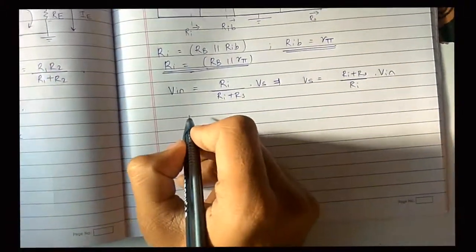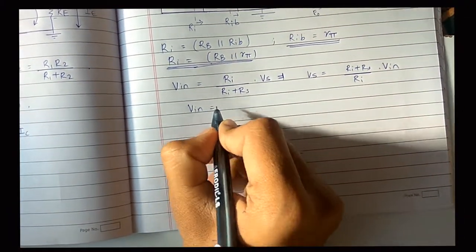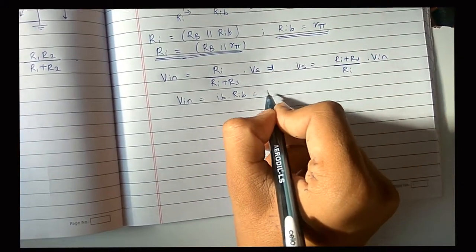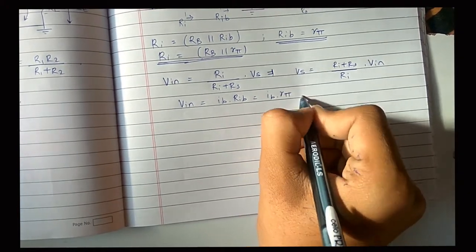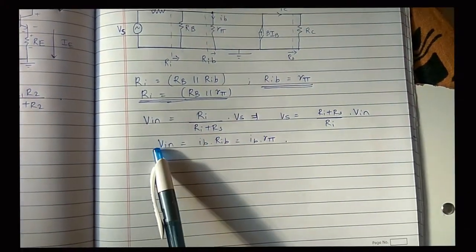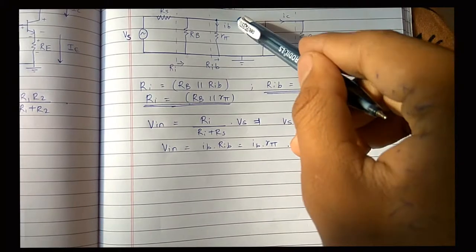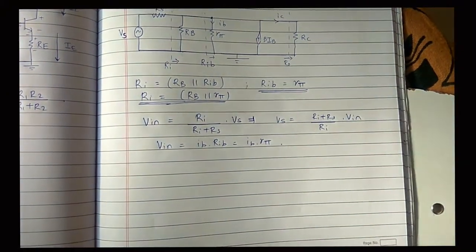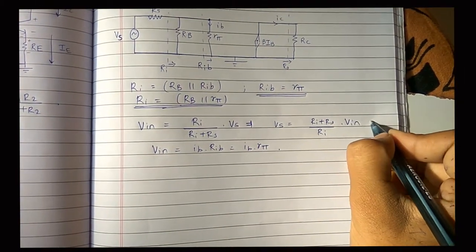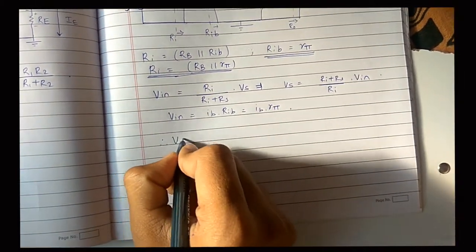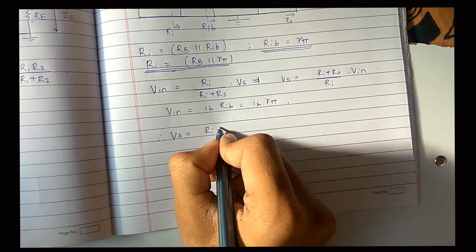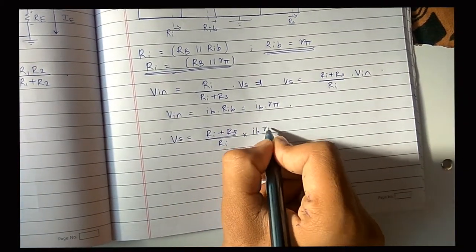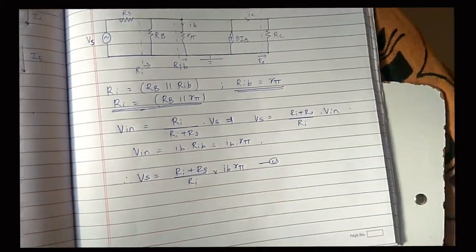So what is Vin? Vin is nothing but IB into RIB, and that is equal to IB into R pi in this case. Vin is the input voltage. So now Vs will be Ri plus Rs upon Ri into IB into R pi. This will be equation number 2.